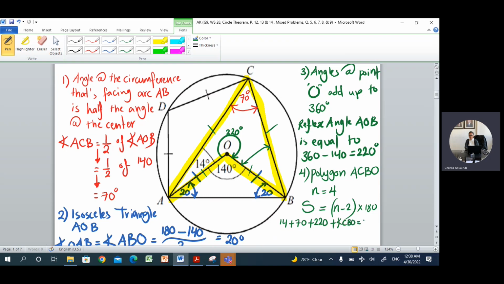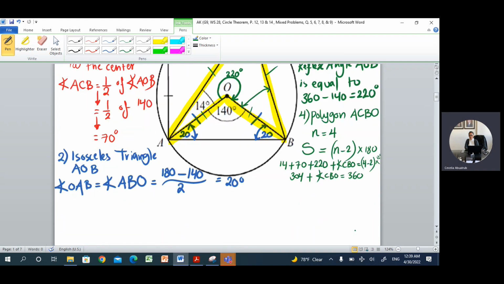CBO is equal to 4 minus 2 times 180. And if you add 14, 70, and 220, the answer will be 304 plus the angle that we are drawing, which is CBO, is equal to 2 times 180, which is 360 degrees.